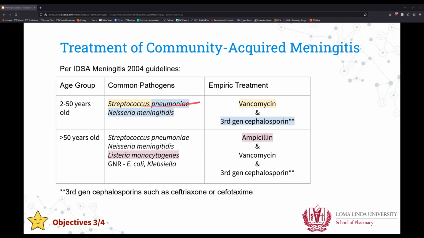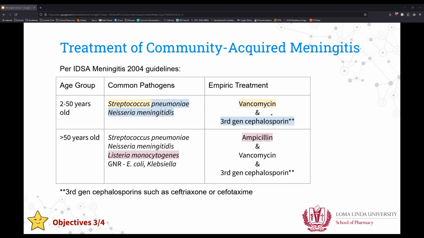So for Streptococcus pneumoniae, in this case, both vancomycin is covering it as well as third-gen cephalosporin. And now we are treating it with two different agents, but the reason why we include vancomycin in this regimen empirically is that in the off chance that the Streptococcus pneumoniae is resistant to one of the third-gen cephalosporins, whether it's ceftriaxone or cefotaxime, then it is being treated anyway.